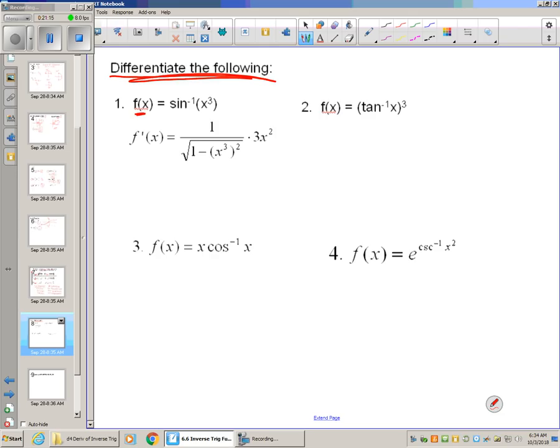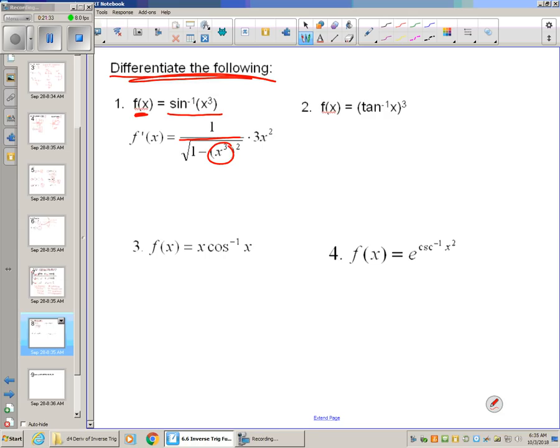Our first function here is sine inverse of x to the third power. Just using that chart, the derivative of sine inverse is 1 divided by the square root of 1 minus whatever our u value is.